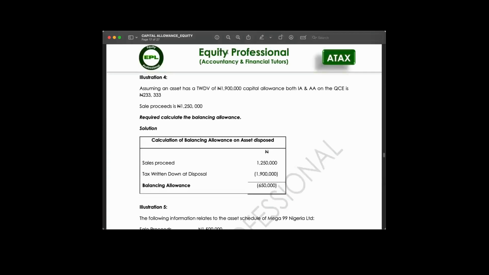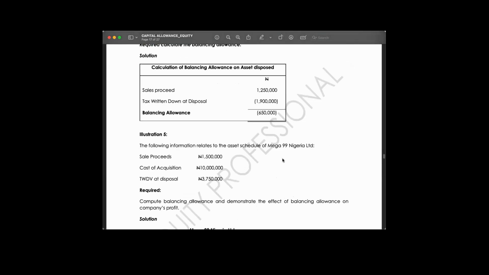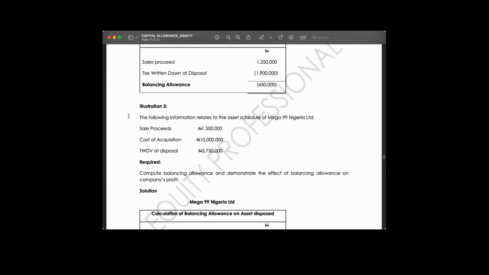So look at it. We have sales proceeds of 1.250 and a tax written down value of 1.9. When you subtract it, you have 650,000, right? So this is an additional allowance that the taxpayer will claim. Do you understand? So that is that. This is for you to go and digest.